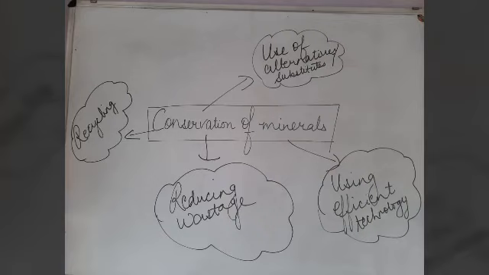Then we have to use efficient technology. Efficient technology means optimum utilization of minerals and no wastage. Then it's high time that we find alternatives, substitutes of these minerals to secure our future.